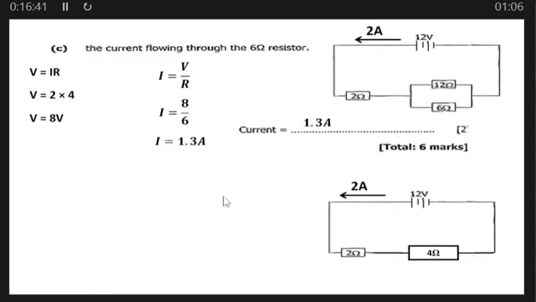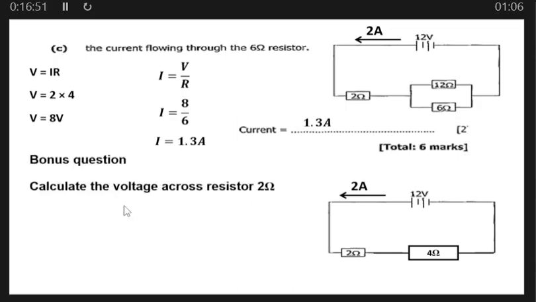Now we are done, but I have a bonus question for us so that we can have more concept about this combination circuit. The bonus question says: calculate the voltage across the 2 ohm resistor. So across this resistor 2 ohm, what will be the voltage there?